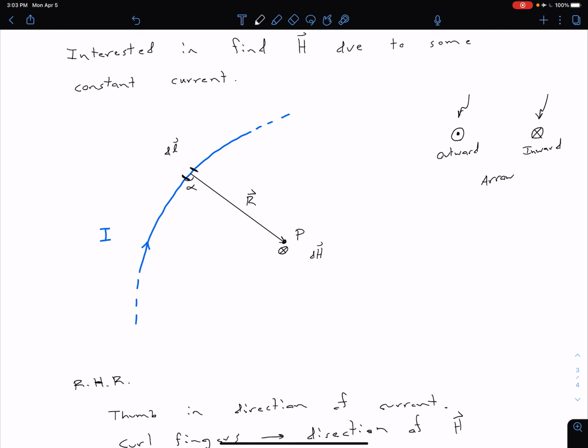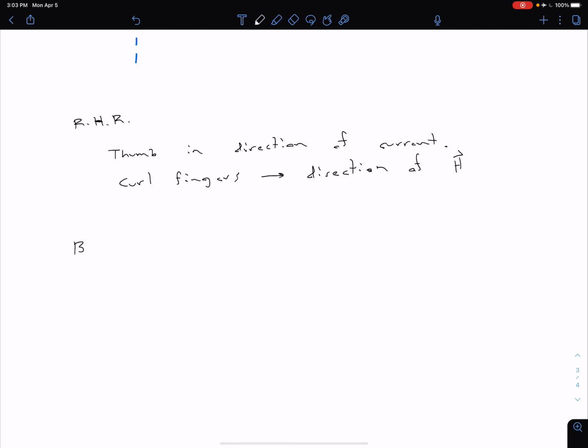What Biot-Savart's law states, and we're just going to put it in equation form, is written out fully on page 298 in the text.